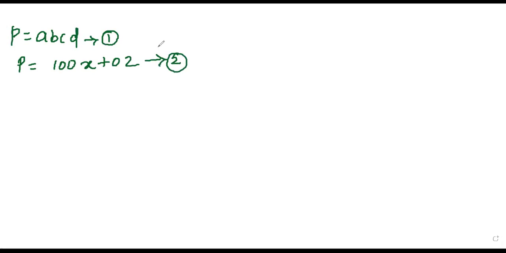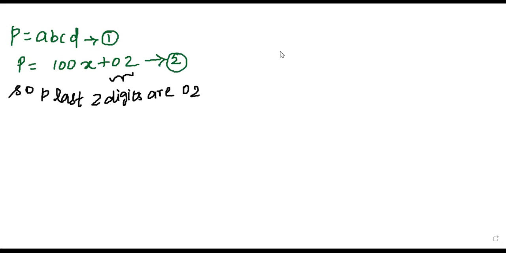So from this we can say the last two digits of P are 02. You try substituting some values for x.